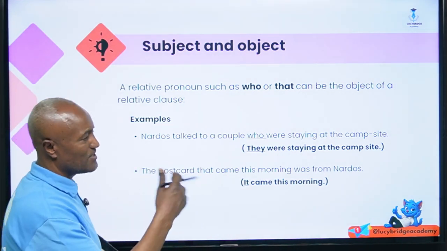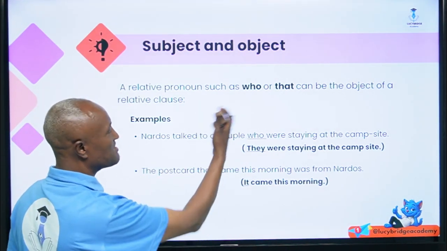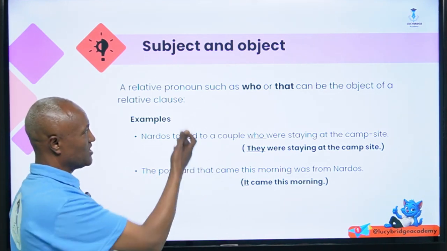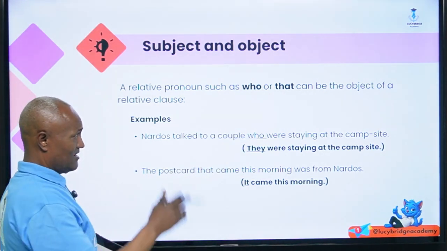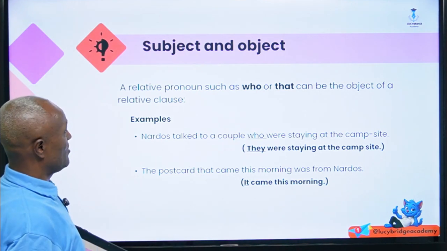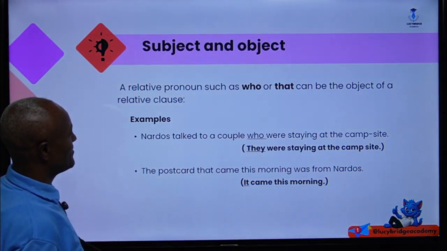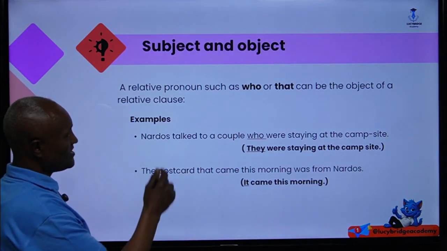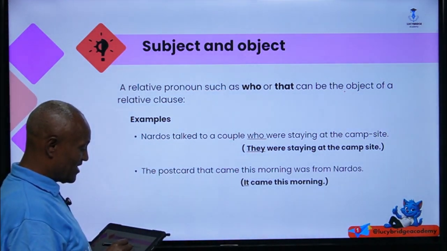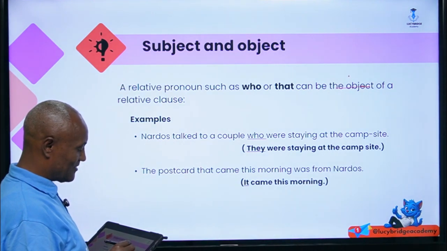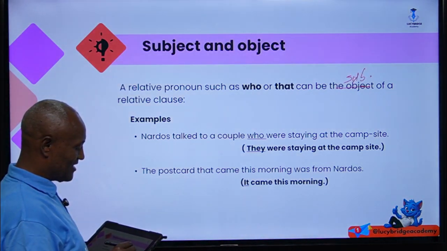We have different types of relative pronouns, but let me show you examples with who and that. A relative pronoun such as who or that can be the object of a relative clause. Rather than the object, we better say the subject.